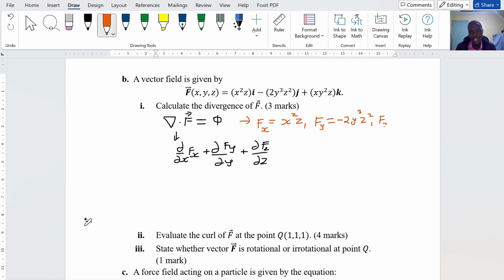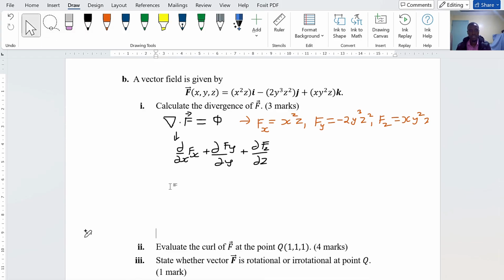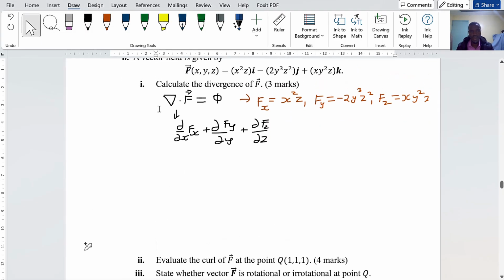Then finally, fz is given by x y squared z. Good. You're proceeding well.